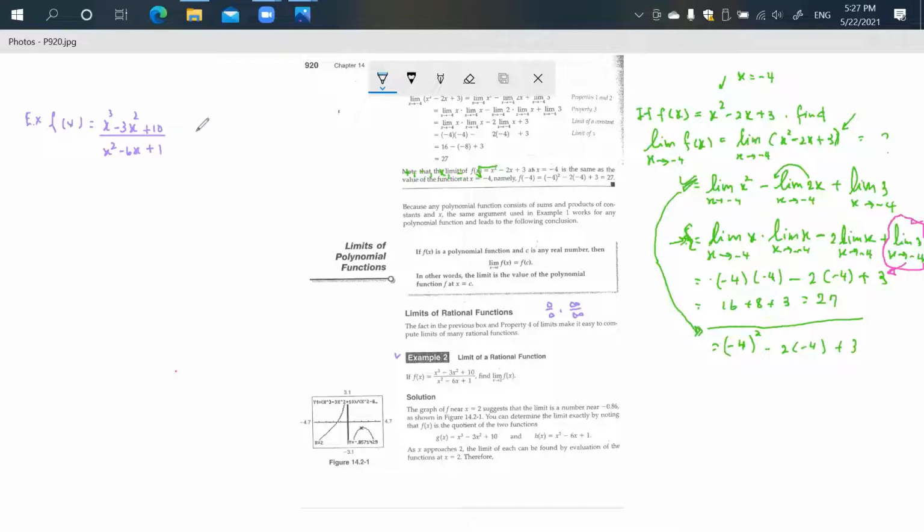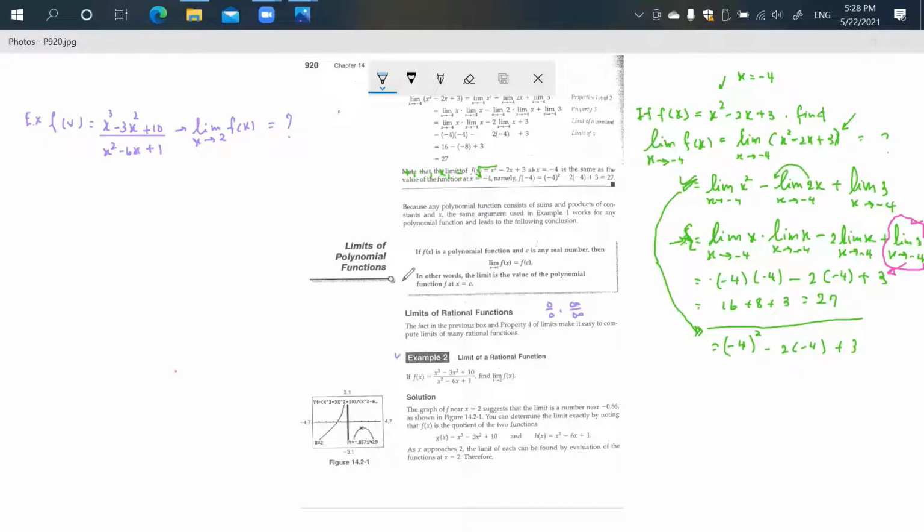And then question 1 asks us to find the limit of this function, 1 to 5, when x approaches 2.